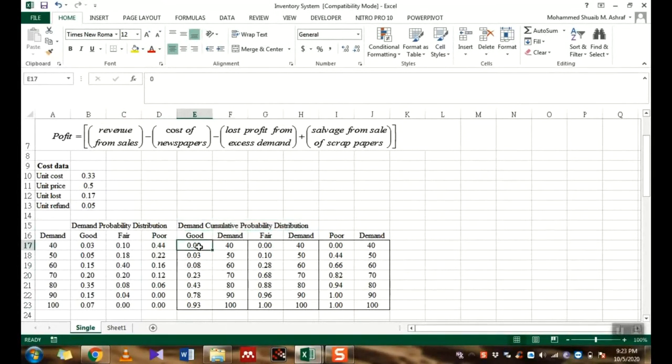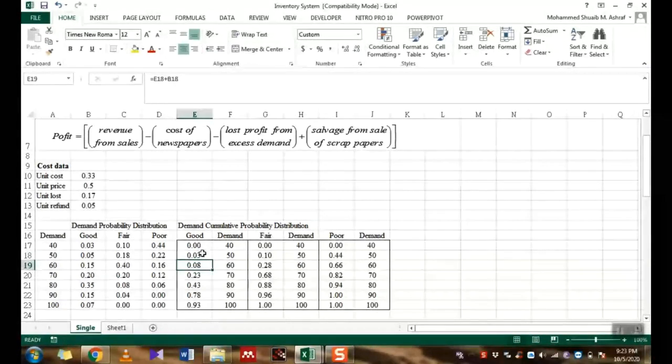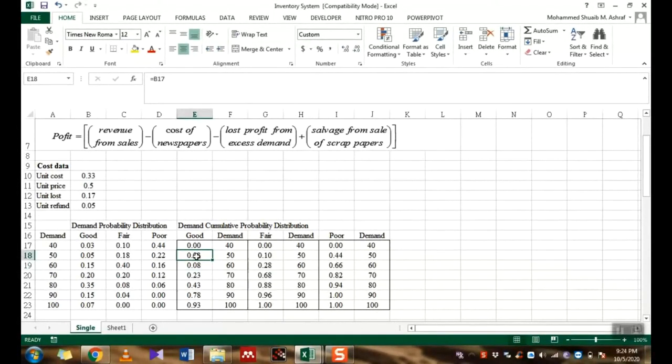We will compute the cumulative probability here. How will we compute it? We will start from 0, then copy this value from here and add.